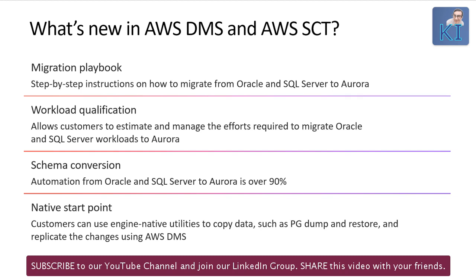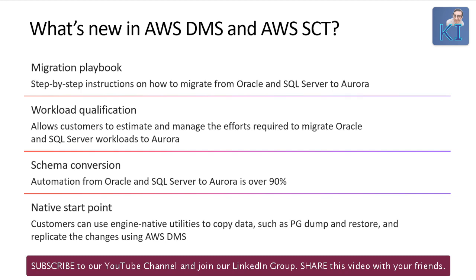So the SCT tool does that analysis and gives you a report, and based on that report you may plan your further activities. I'll try to do a separate video on SCT, but the point we are trying to explain here is that there are options available and proper documentation available on how you can move your data from Oracle or SQL Server to Aurora.